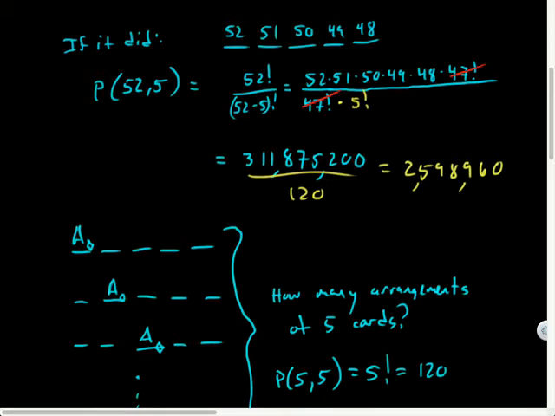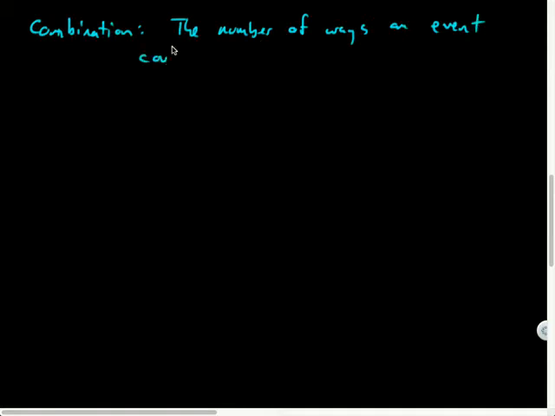So let's talk about combinations in general and see if we can figure out our formula. A combination is the number of ways an event could happen in which order does not matter.